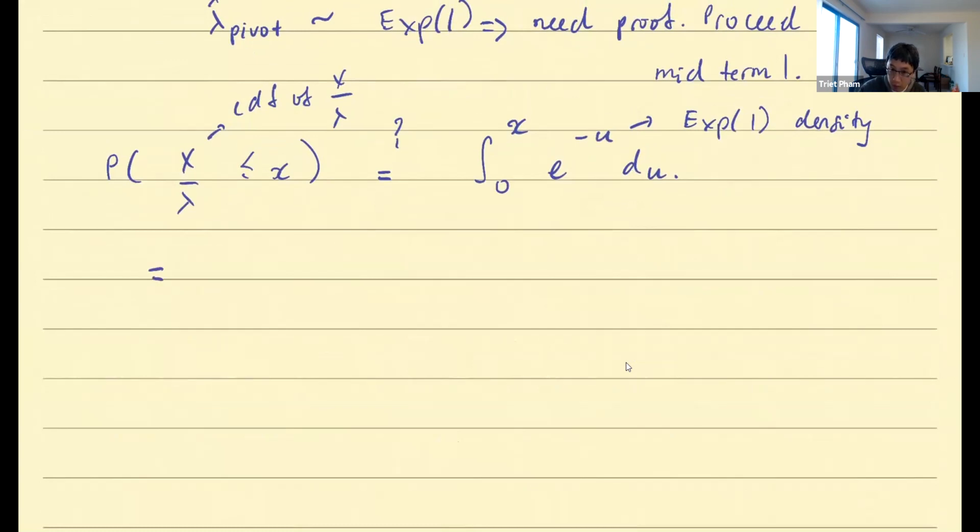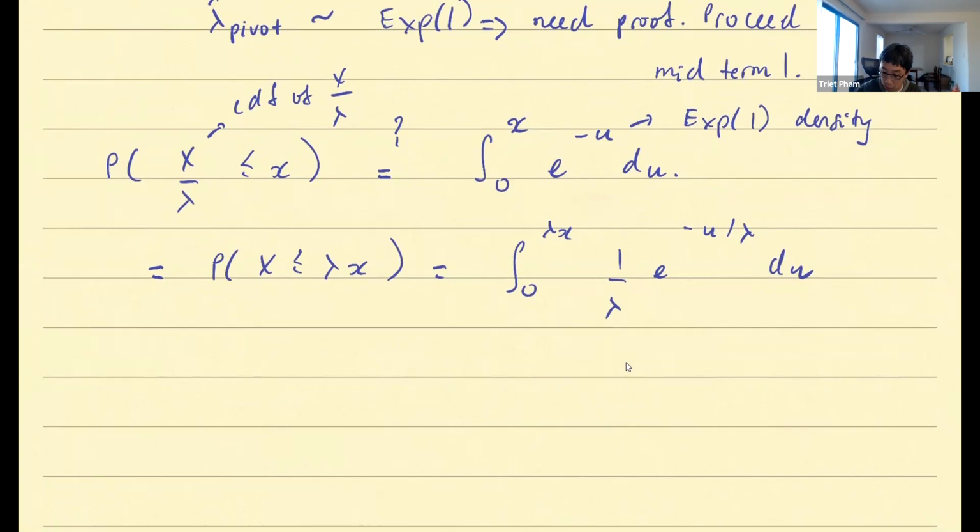This question mark is what you wish for. Then you use the known distribution. But to go from here to here, what do you do? Let me make it easier for you.